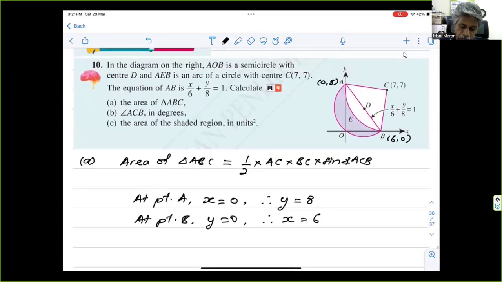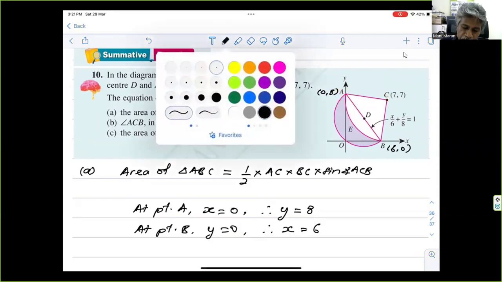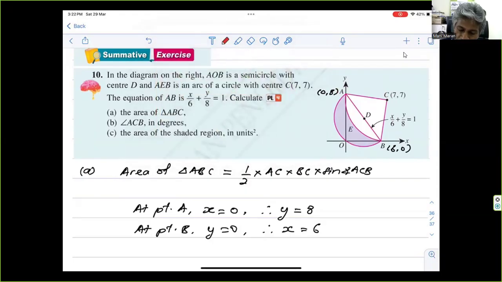So in order to find AC, we are going to make use of coordinate point A and coordinate point C. Okay, so if we draw a dotted line there, you'll notice I'll use red color so you can see more clearly. Now what I'm going to do is I'm going to draw a horizontal line passing through point C, okay, that touches the vertical axis.